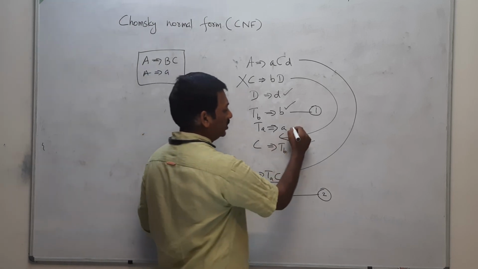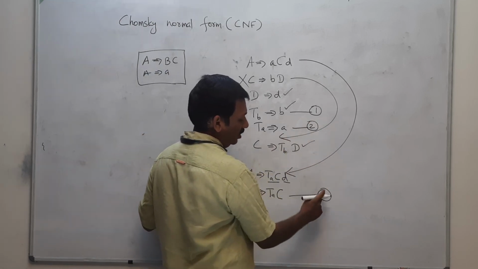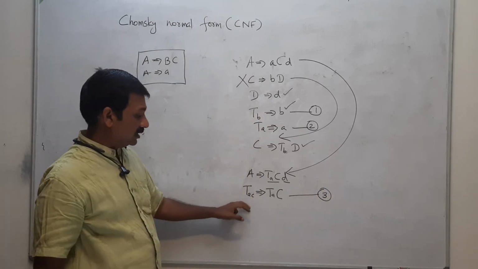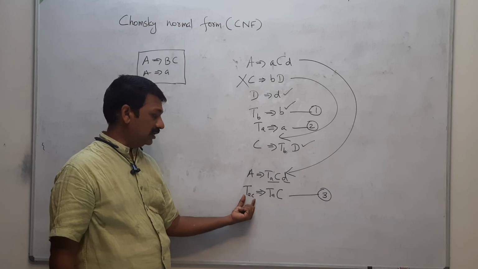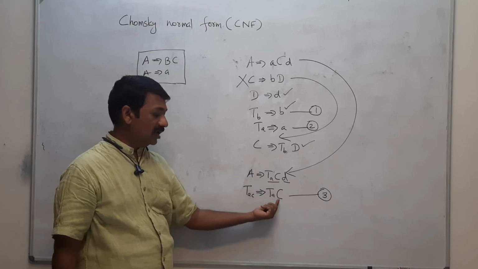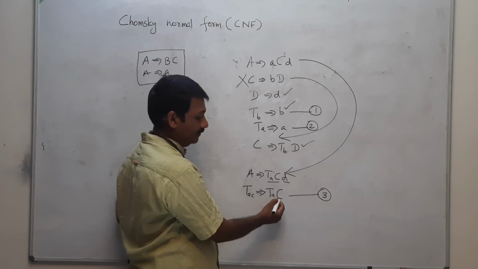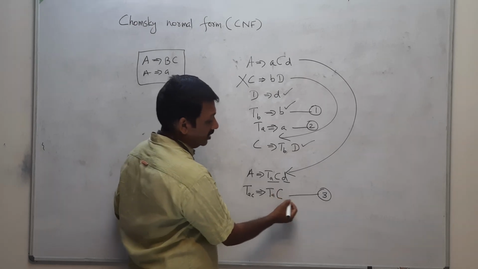This is the second one I have added, and this is the third one I have added. Now TAC, T subscript AC, is a single entity. TAC derives TA C, and that is also in Chomsky normal form.